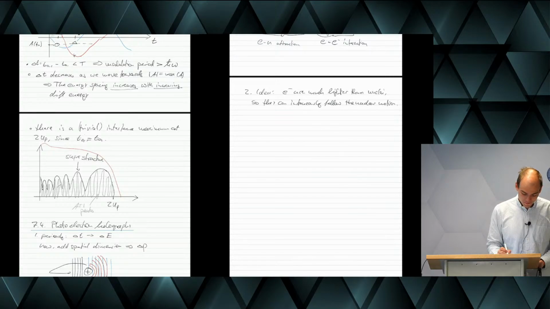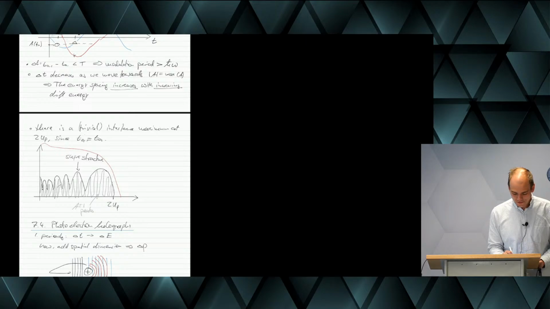Electrons will react first to external forces. On a longer time scale, the nuclei react to the change in electron density.